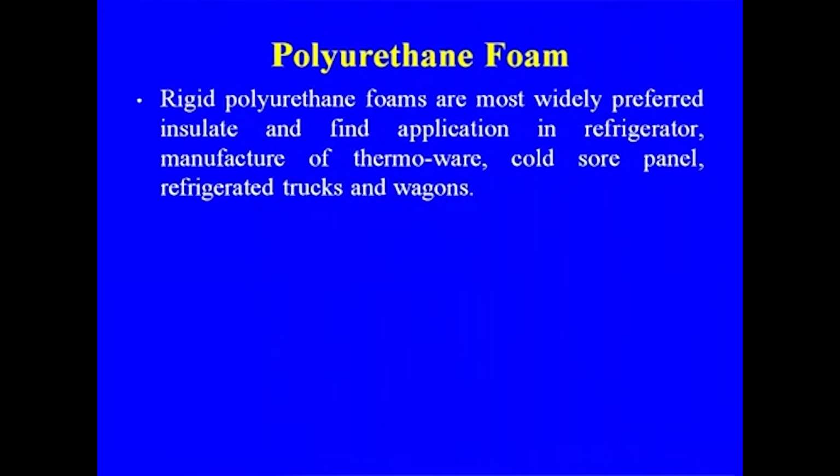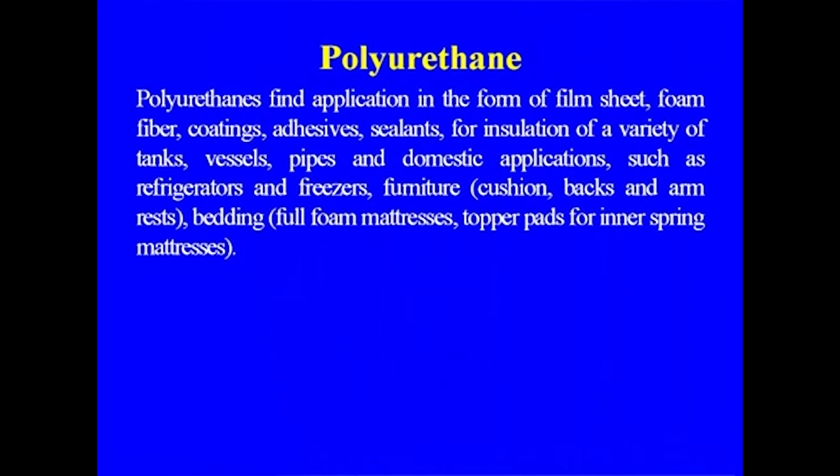The rigid polyurethane foams are most widely preferred to insulate and find application in refrigerators, manufacture of thermoware, cold store panels, refrigerated trucks and wagons. Polyurethanes find application in the form of film, sheet, foam, fiber, coatings, adhesives, sealants, because some of the resins are also going to coatings and adhesive purposes.